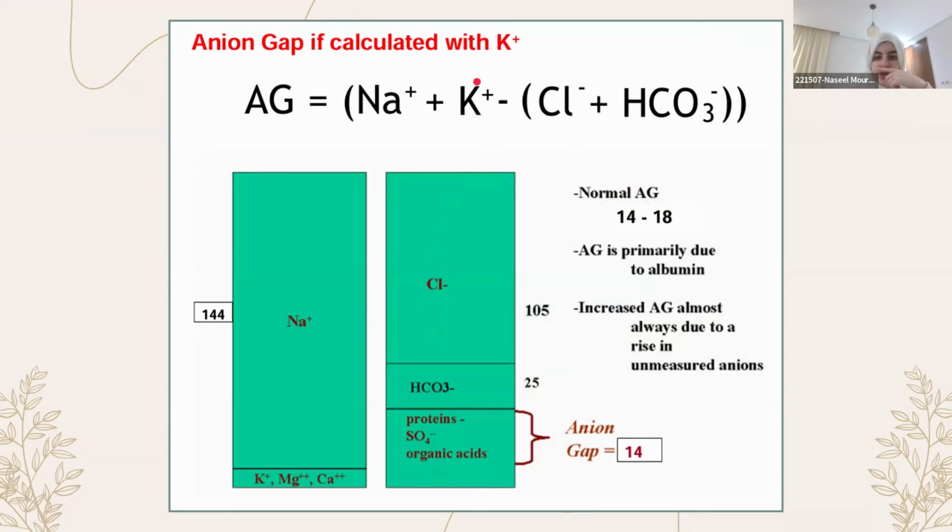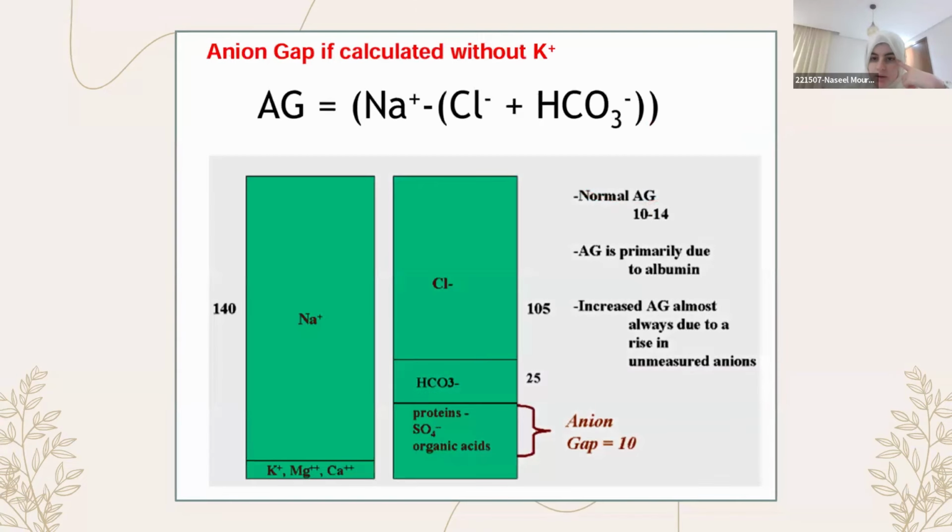But let's say I removed potassium, so I'm technically subtracting this anion gap by 4, right? Because I'm removing the value of potassium. So I have to make my normal anion gap account for the absent potassium. And that's why I subtracted the range by 4. So it says 14 to 18 with potassium. Now, without potassium, we would say it is 10 to 14.